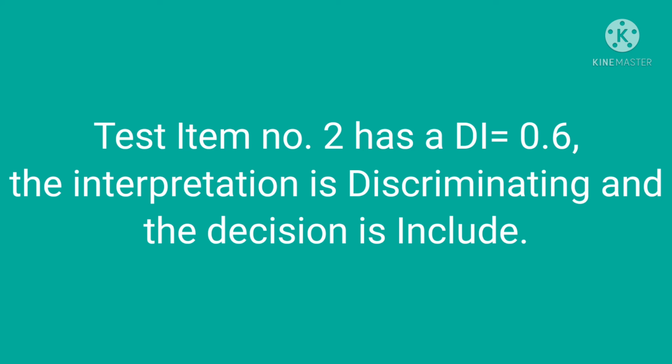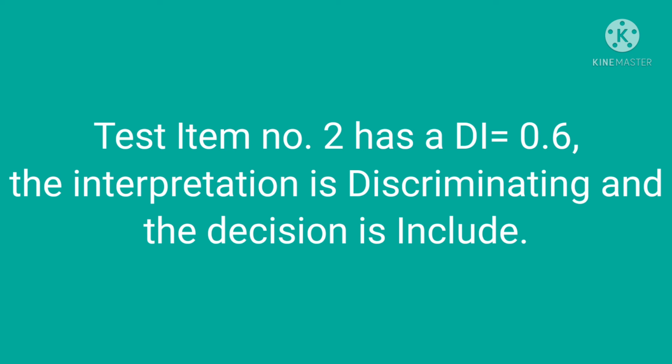Negative 0.49 to 0.45: the interpretation is non-discriminating and the decision is revise. 0.46 to 1.0: the interpretation is discriminating item and the decision is include.